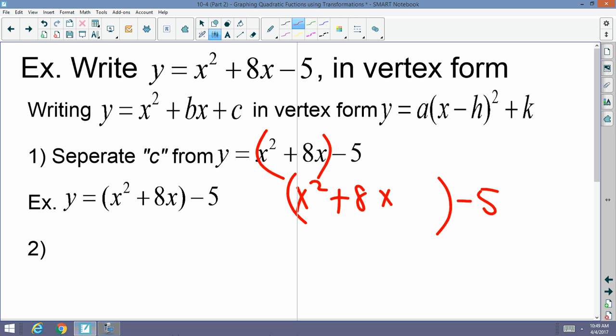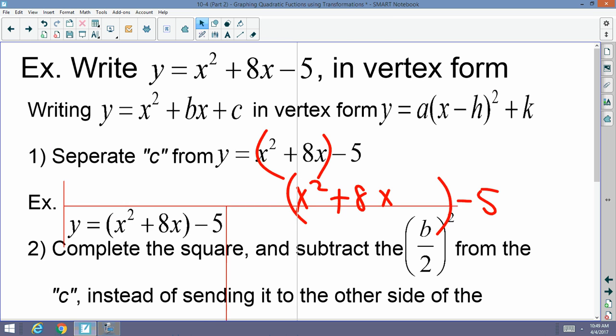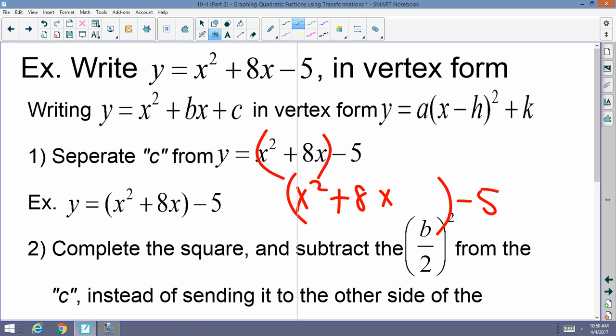Step 2. I'm going to go ahead and complete the square. And this time, remember how I would add b over 2 squared to both sides? I added b over 2 squared to both sides because I was solving. But in this case, I'm leaving my y alone. So just think about this logically.